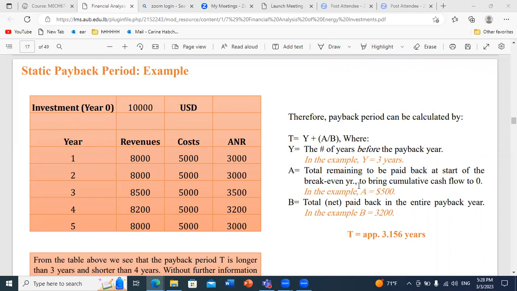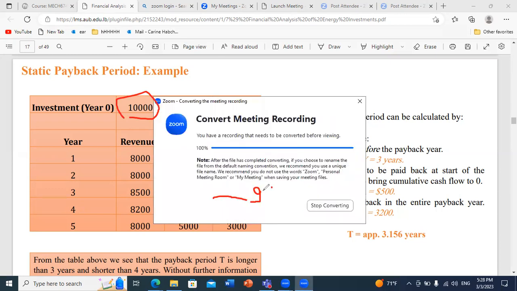which is year 4. So here we already discussed that at the end of year 3, the amount of money to pay back the investment is $500, because the benefits at the end of year 3 are $9,500.